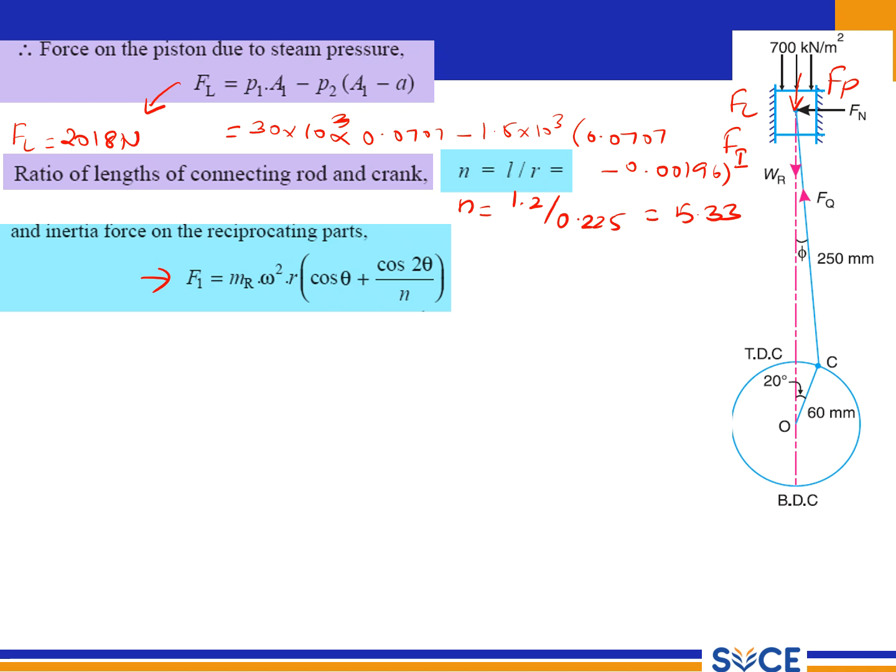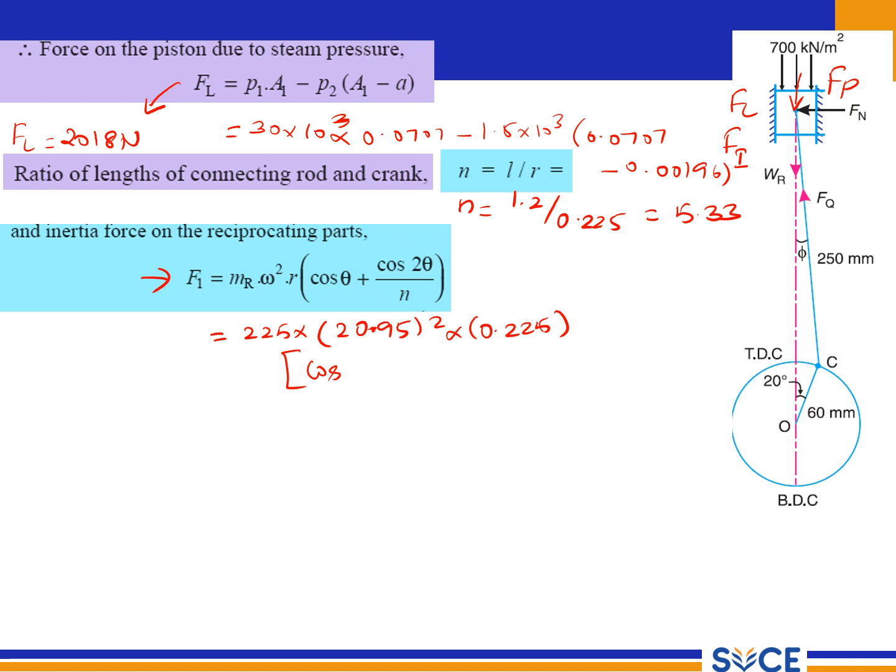The mass of the reciprocating parts is given, which is 225 into omega we calculated in the given data, that is 20.95 squared, then 0.225, then I am writing it here cos theta. The value is given, is it not?